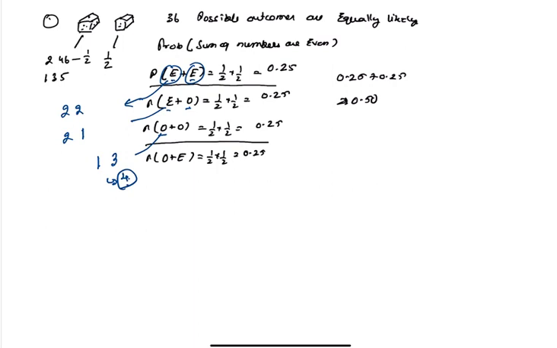So the two ways you can get that the sum of the numbers is even is either even and even or odd and odd. So the probability that the sum of the numbers is even is going to be 0.25 plus 0.25, or 0.50.